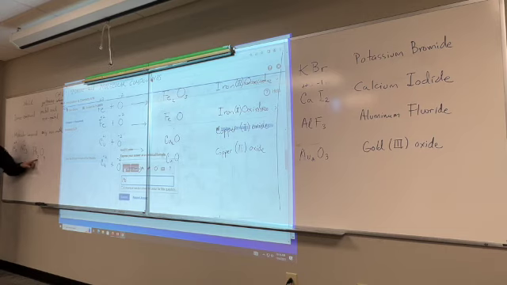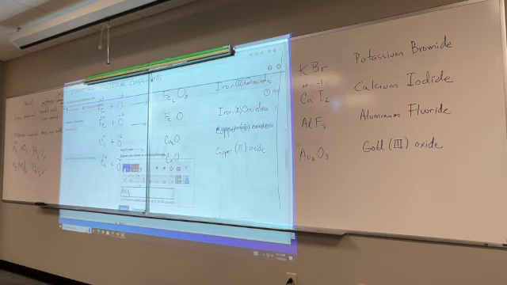So 2 divided by 2 is 1. We're going to write Pb with an implied 1. 4 divided by 2 is 2. So that is preferred over this. Nothing wrong with the proportions on the first one, but it can be simplified. So let's see. PbO2.